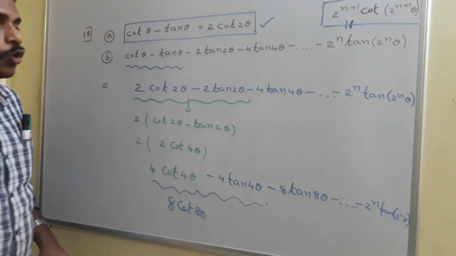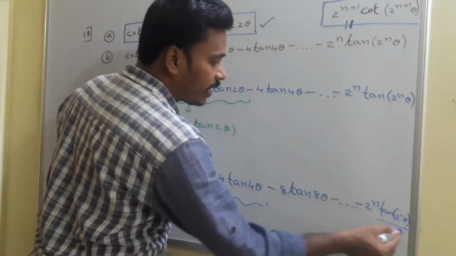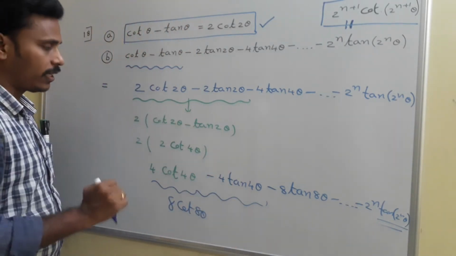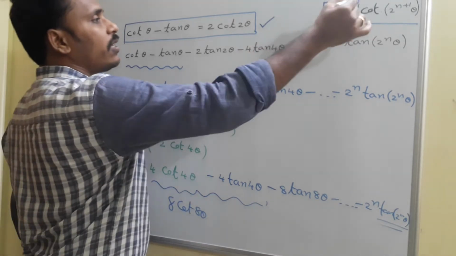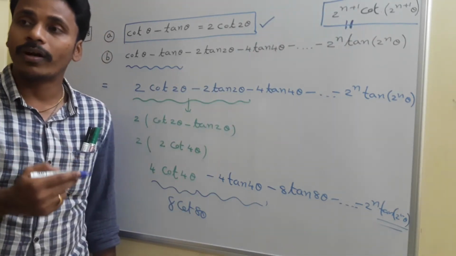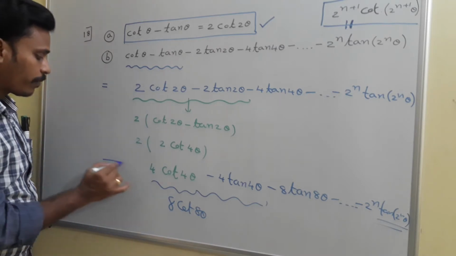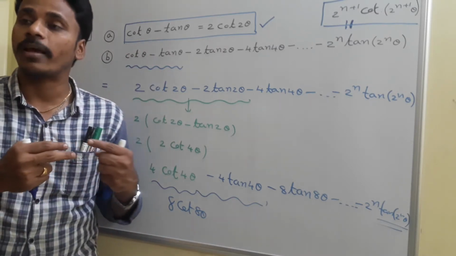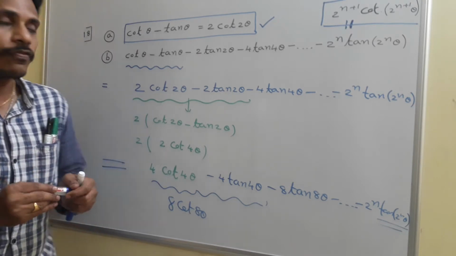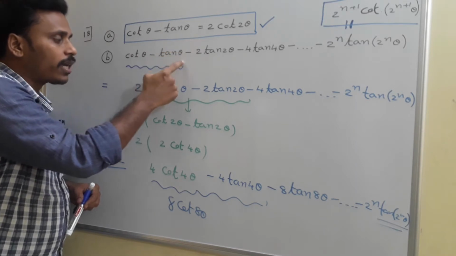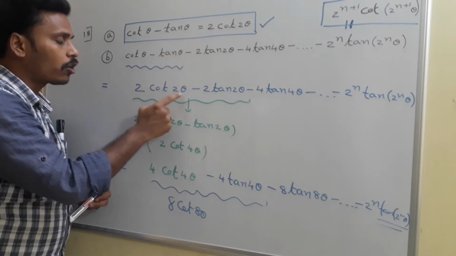If you continue in such a manner, at the end, what is there? 2 power n tan of 2 power n theta. So the final result is 2 power n plus 1 times cot of 2 power n plus 1 theta. This is the proof actually. We need to observe step by step what will happen. If there is only up to theta, it is 2 cot 2 theta.